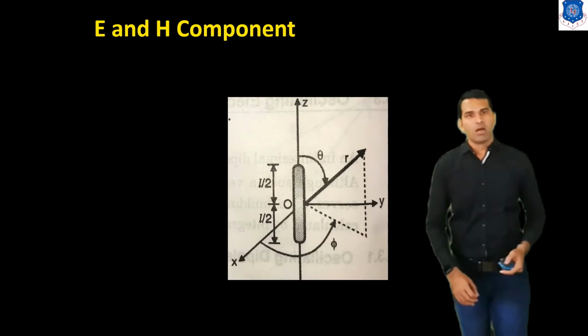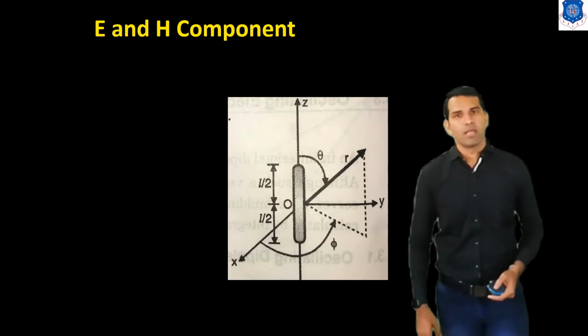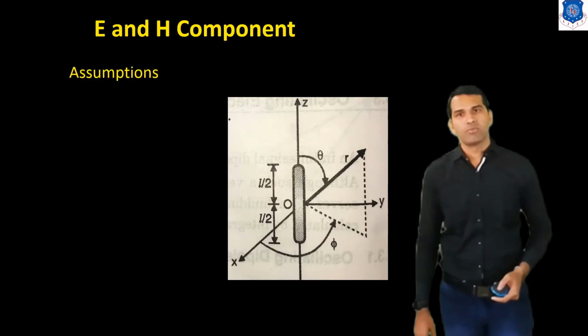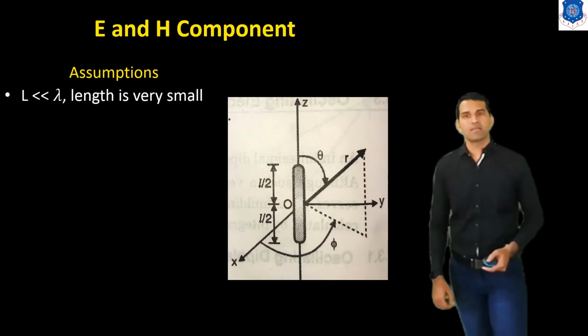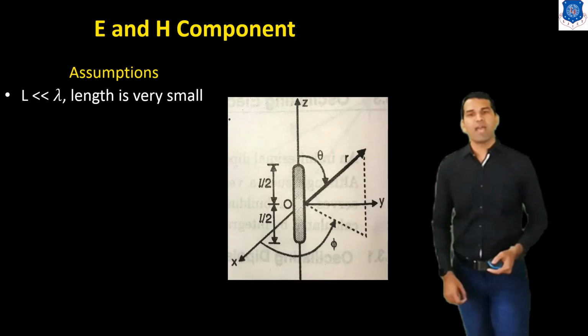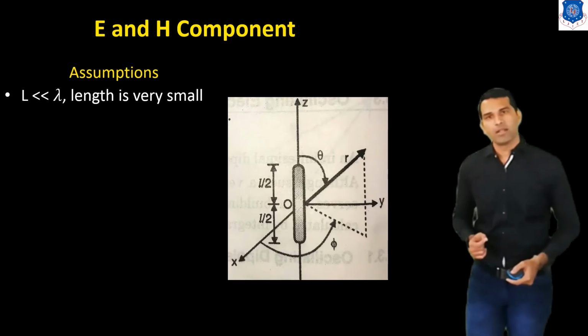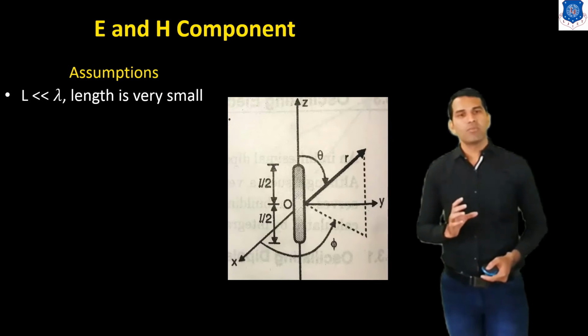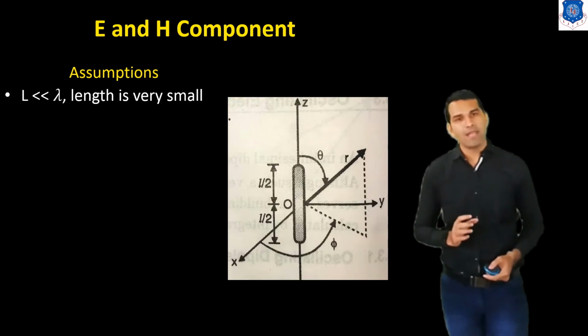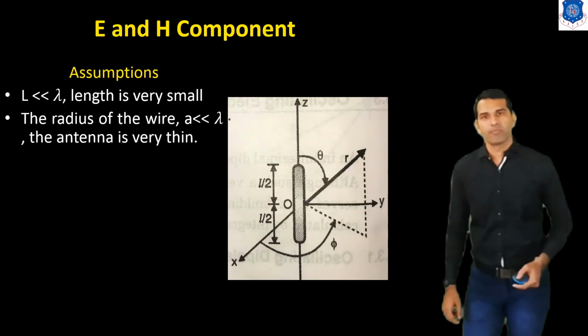Now to analyze the E and H components, first we take some assumptions. The first assumption is that L is very much less than lambda, that is, the length is very small, so we consider the dipole antenna length to be very small.